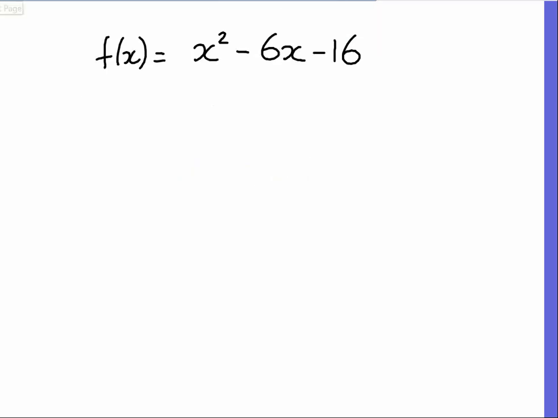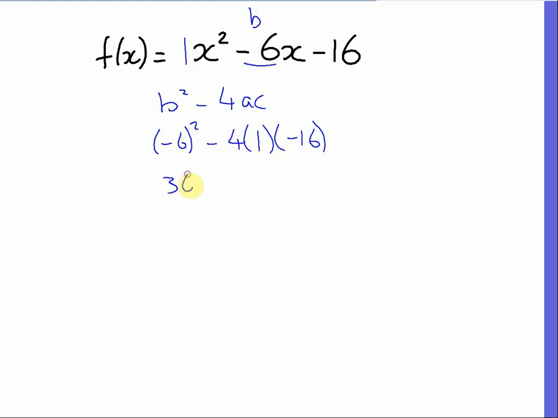Okay, so let's have a look at this function here. So they might say calculate the value of the discriminant. So b is minus 6, so that's minus 6 squared. Take away 4 lots of a, which is 1 on there, times c, which is minus 16.